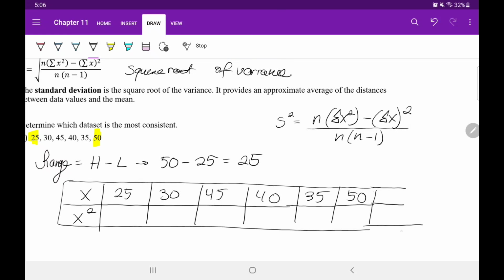And at the ends of my data set, I want to place for the first row the sum of my data, and then the sum of the squares for my data values. Okay.